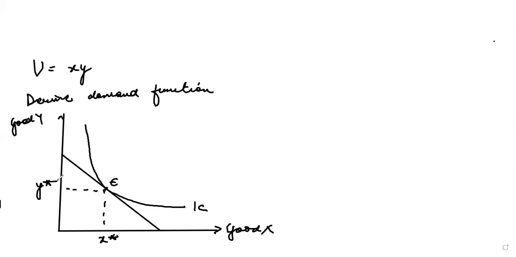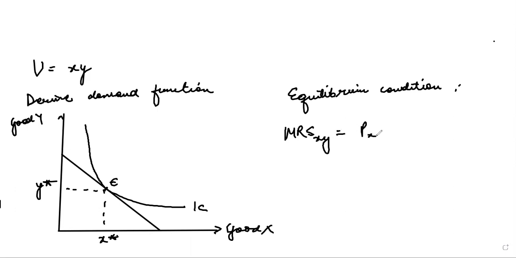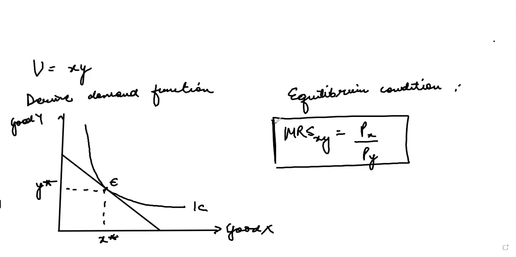So I know that my equilibrium condition is where my MRSXY is equal to PX by PY. So this is exactly what I'm going to go ahead and solve for.